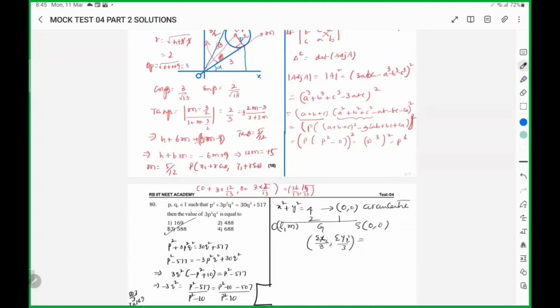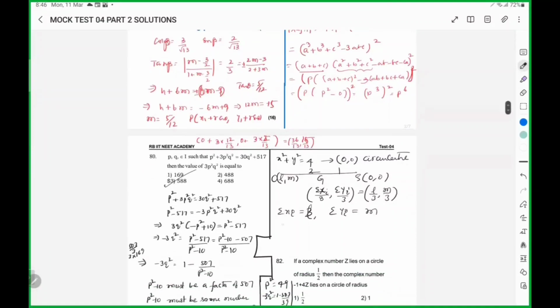Now this G will be 2 into 0, L by 3. And here sigma xi is 3. With the other three vertices x4, y4, x5, y5, x6, y6, centroid formula.